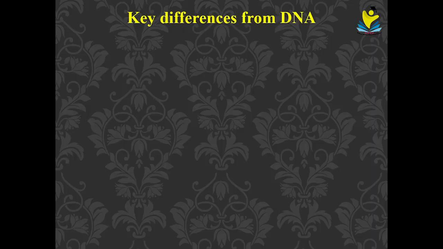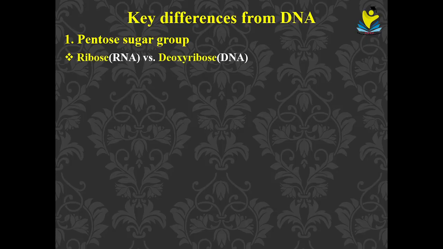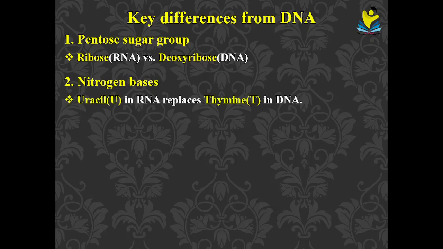Okay, now we discuss the main differences between DNA and RNA. First, we consider the pentose sugar groups. RNA has ribose sugar and DNA has deoxyribose sugar. Next, we consider nitrogen bases. Uracil in RNA replaces thymine in DNA.